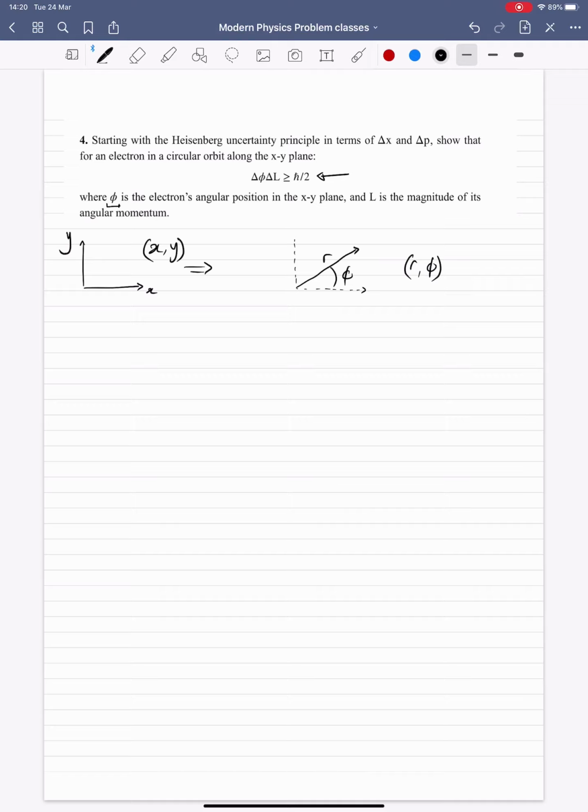So in this case, the angular position is simply, if we're considering r to be constant, because we know from the first postulate that electrons orbit around a nucleus in a stable orbit, and if it's stable, it means that the radius r must be constant throughout. Then we can simply specify the position of an electron for a given orbit using just the coordinate phi, right?